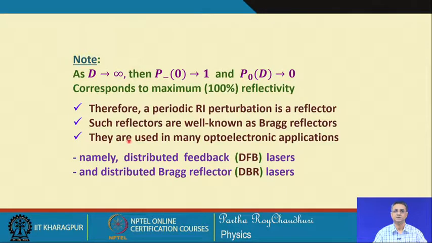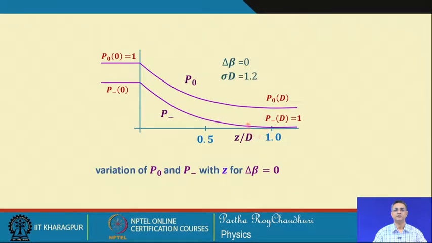They are found in many optoelectronic applications, particularly distributed feedback lasers, which are called DFB lasers, and distributed Bragg reflector lasers, DBR lasers.